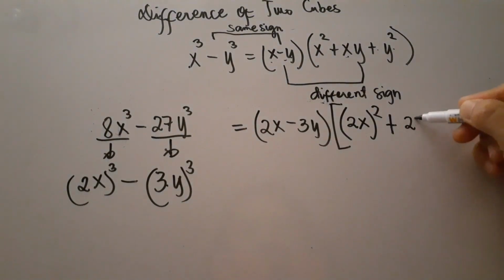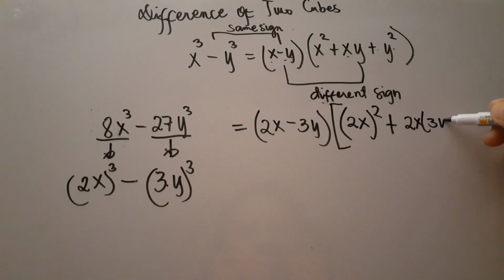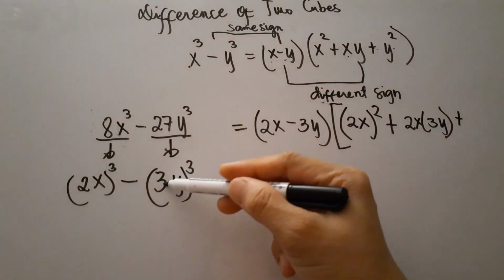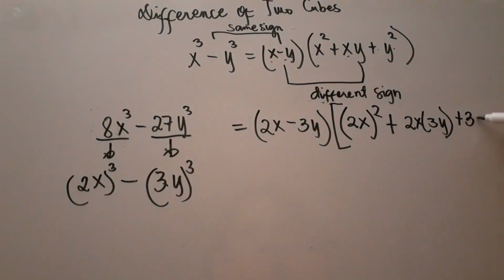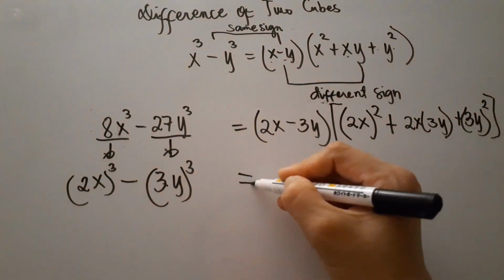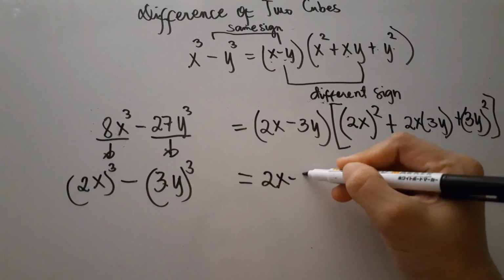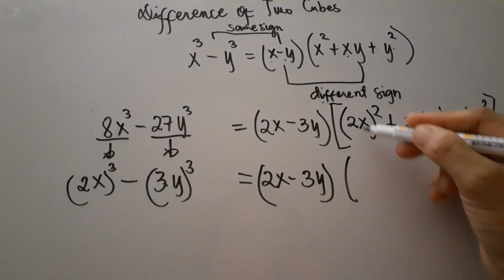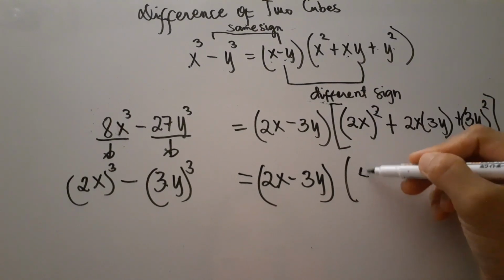We have 2x times 3y. And then we can square the last term, which is 3y squared. And let's say 2x negative 3y. Then the square of 2 is 4.